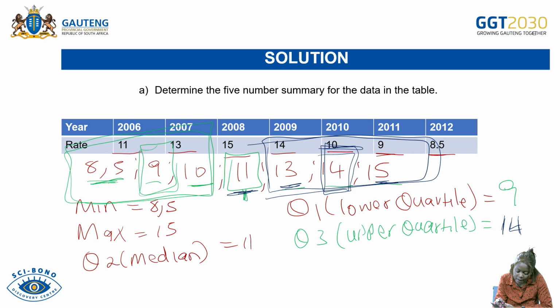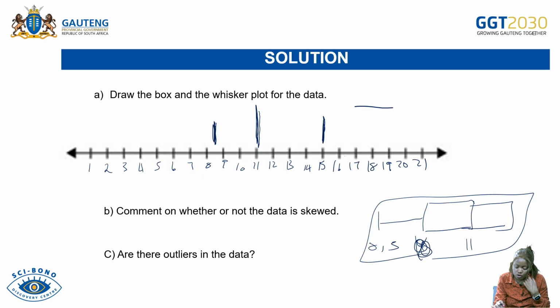And then I have my upper quartile at 14 and my lower quartile at 9. So it's 14 and 9. I'll have my upper quartile, and then I'll have my lower quartile. So it means your box is going to look like this.